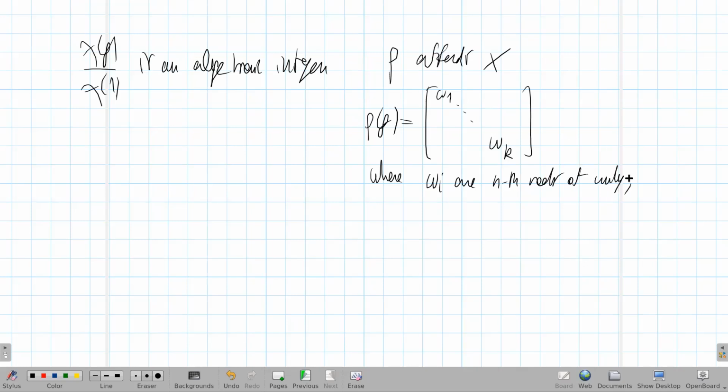and where n is the order of G. Just think for a second. Yes, fine. And with this, k is just chi of 1, and so this means that chi of G over chi of 1 is exactly omega 1 plus ... plus omega k, divided by k.